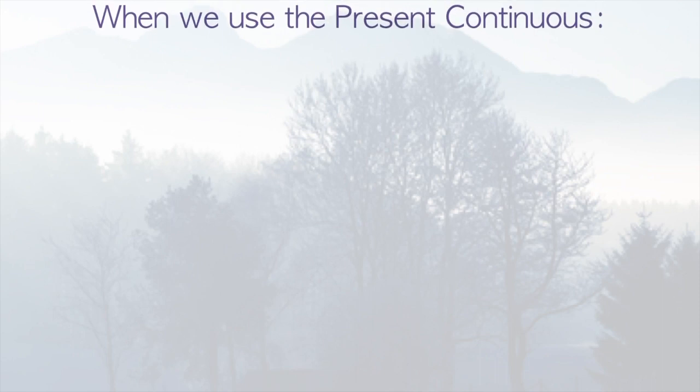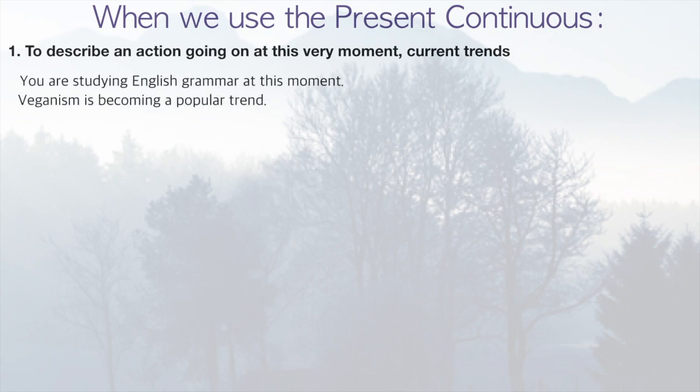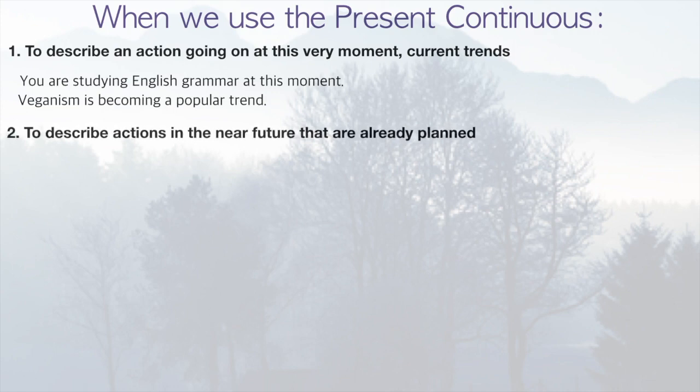Now let's review when we use the present continuous. We use it to describe an action going on at this very moment, current trends. We also use it to describe actions in the near future that are already somewhat planned.